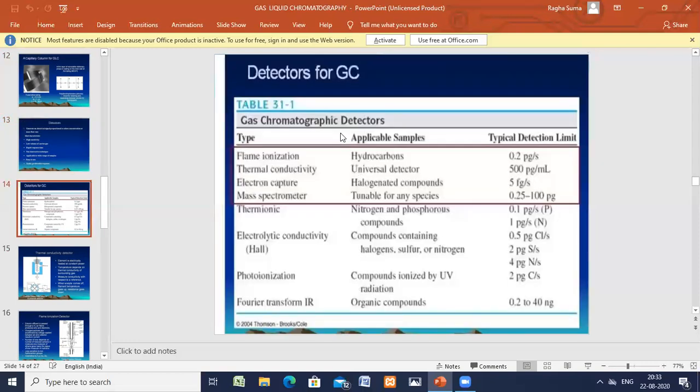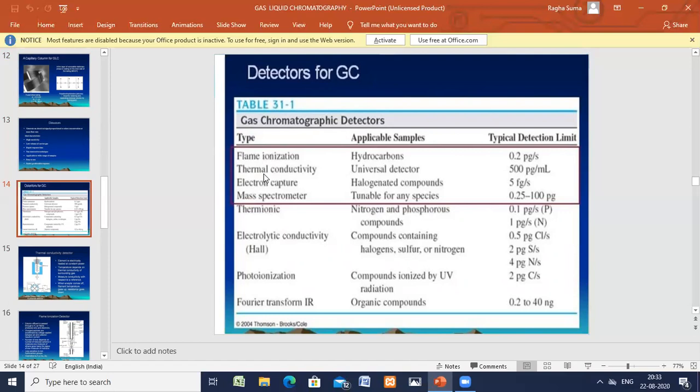Among gas chromatographic detectors, one is the flame ionization detector, generally used for hydrocarbons. The thermal conductivity detector is a universal detector; you can use any type of sample.